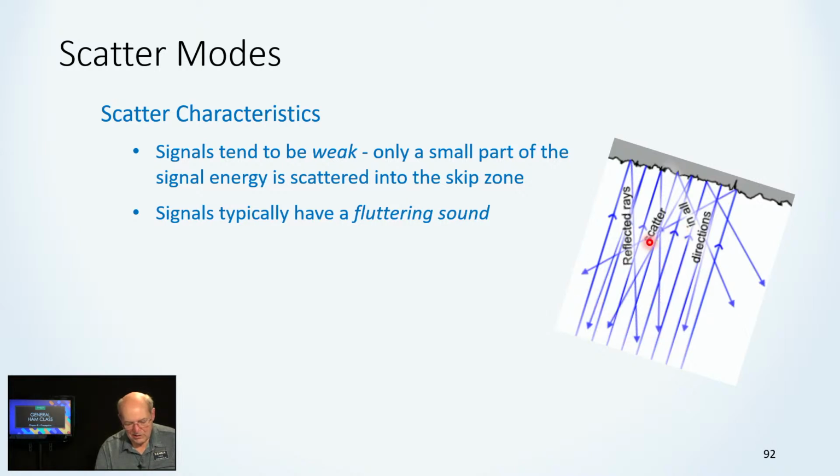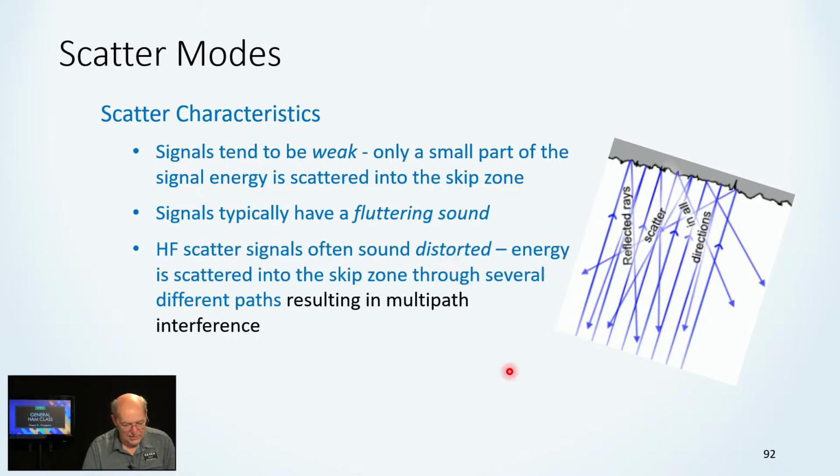They're coming from all different angles, sometimes canceling out or reinforcing. That causes the fluttering sound. And they often sound distorted. Energy is scattered into the skip zone through several different paths, which again is multipath, like this one. So those are three separate pool questions.